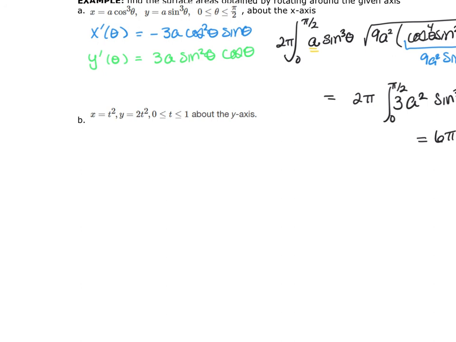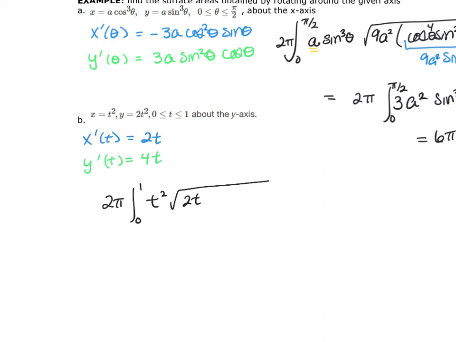Okay, same thing. We're going to find x prime of t, which gives me 2t. I'm going to find y prime of t, which is going to be 4t. Now, I know my limits of integration, so this is going to be 2 pi from 0 to 1 of t squared, because that is my x of t, times the square root of 2t, the quantity squared, plus 4t, the quantity squared, dt.